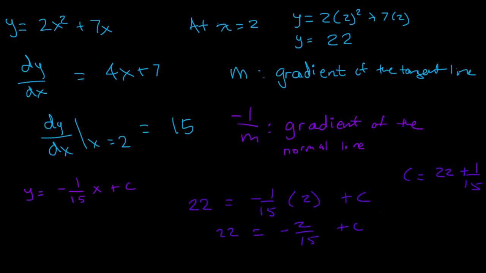So the equation of the normal line is y equals negative x over 15 plus 22 plus 2 over 15. And there you have it.